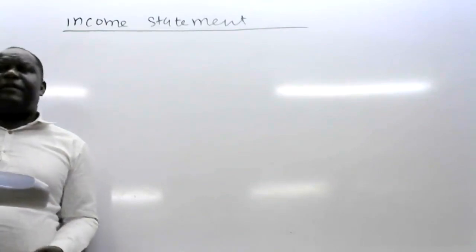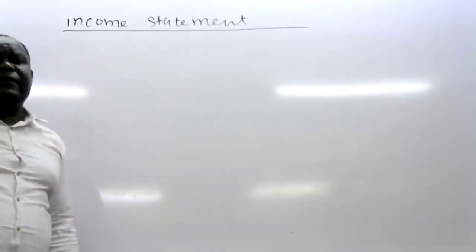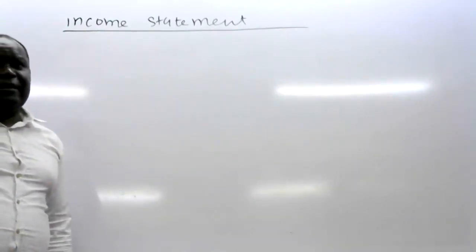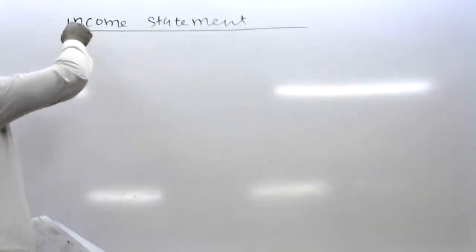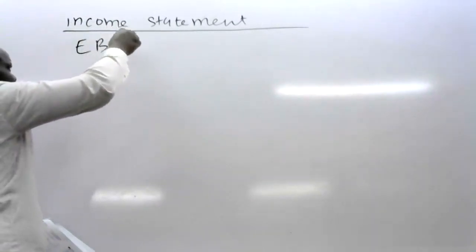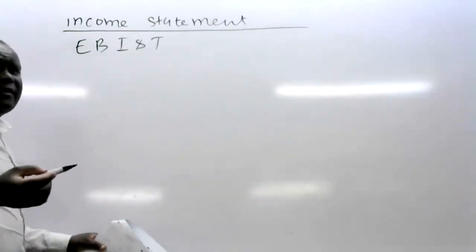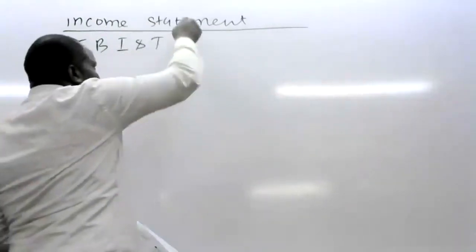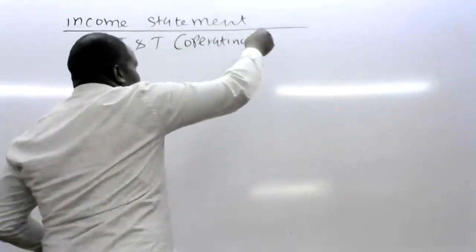But remember, we are supposed to start with earnings before interest and the tax. So we start off in the income statement with earnings before interest and the tax, which is the same as the operating profit.